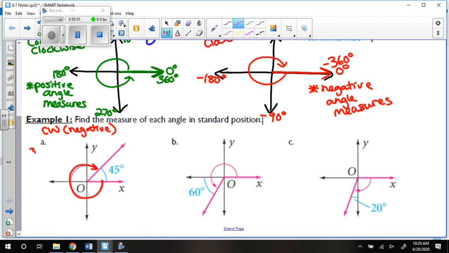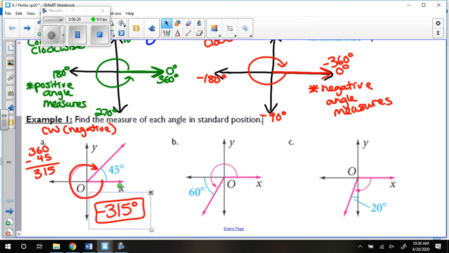So if you know 360 degrees is all the way around, we did not go 45 of those degrees. So 360 minus 45 is 315. But since we went in a negative direction, this angle measure is negative 315 degrees. I'll move that over a little bit. There we go.